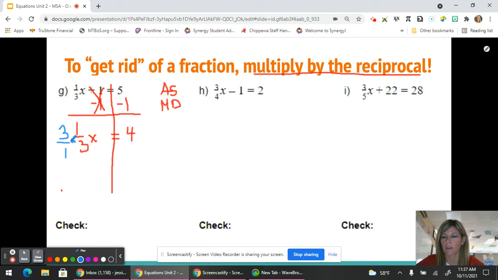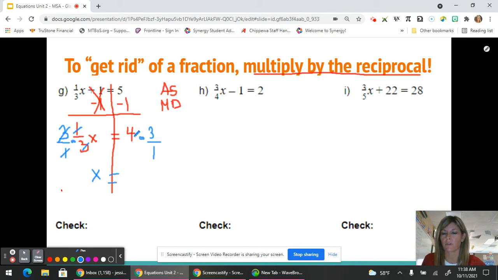So we'll multiply by the reciprocal on the left. Come on over here, multiply by the reciprocal on the right. And now if I multiply 3/1 times 1/3, 1 times 3 on the top, 3 times 1 on the bottom, 3/3 cancels to be 1x, which is exactly what we wanted, our x equals.